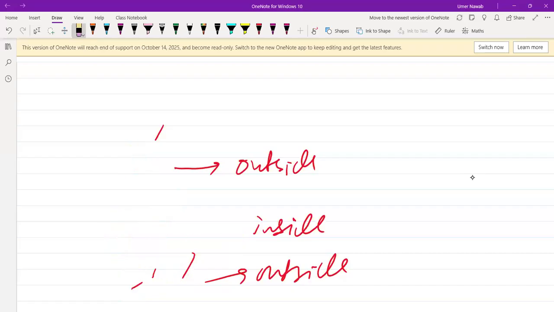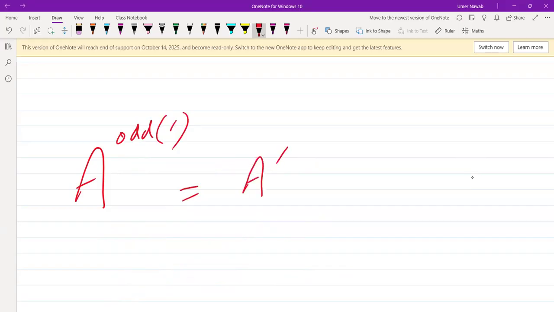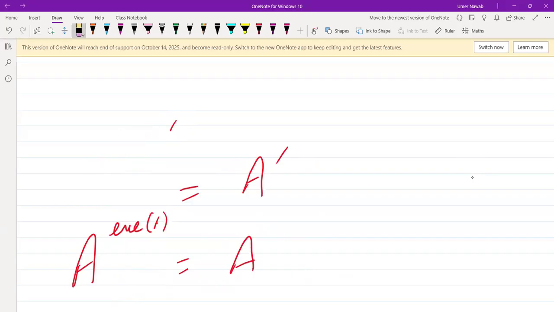So if you have an even number of complements, it means you are A. But if you have an odd number, yani odd dashes, then my answer is A complement. But if you have even complements, then you have A. I hope it is clear to you.